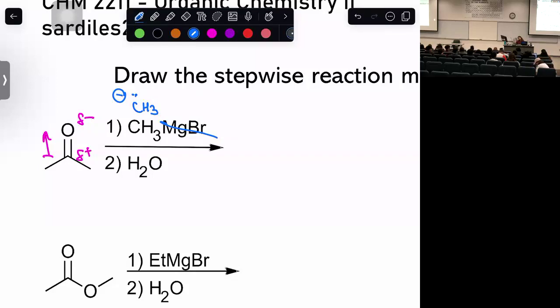Now, what were the steps that we were doing before with the other reductions? What happens first? Beautiful. We do our nucleophilic attack to the partial positive, and then we have to kick the electrons up towards the oxygen.